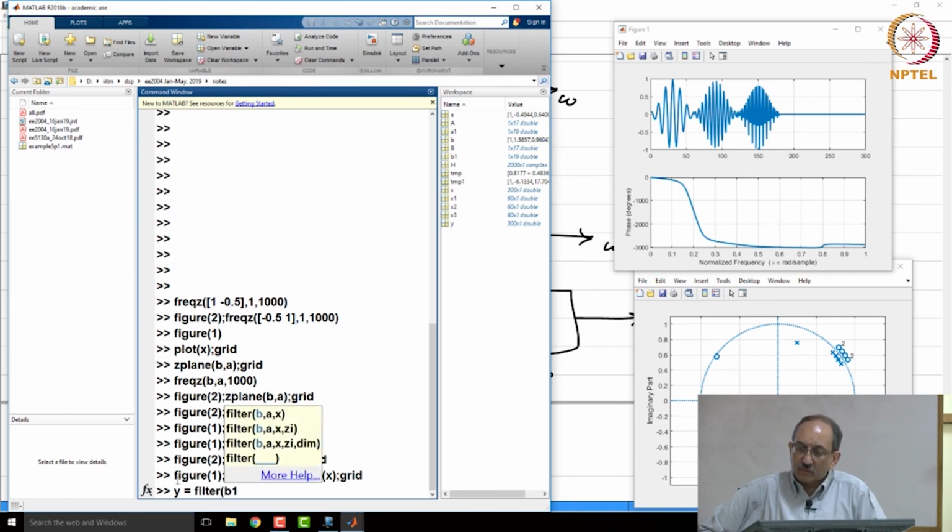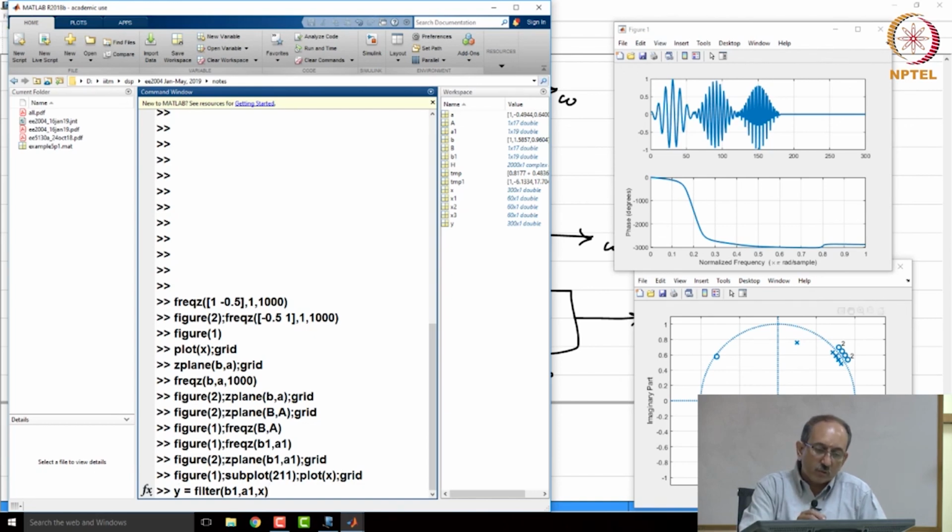The system is B1 A1, which is the overall system, which is the cascade of H1 and H2, and the input is X. So, this is what the output Y is going to be after filtering it through this system whose pole 0 plot is shown here, and the input X is what is shown in the first subplot.